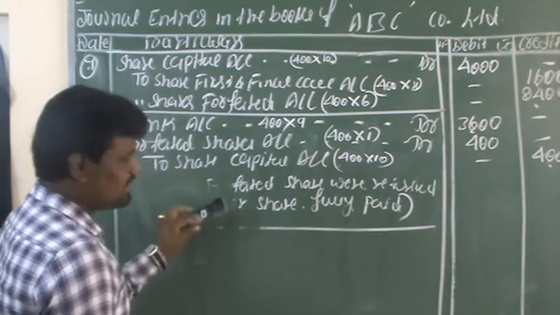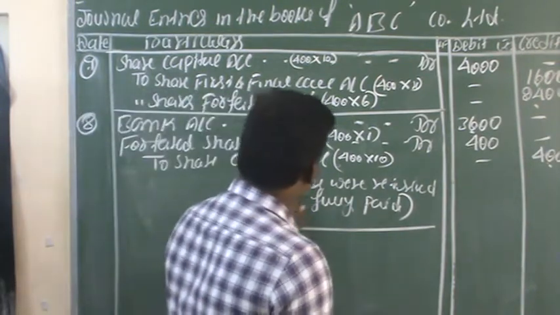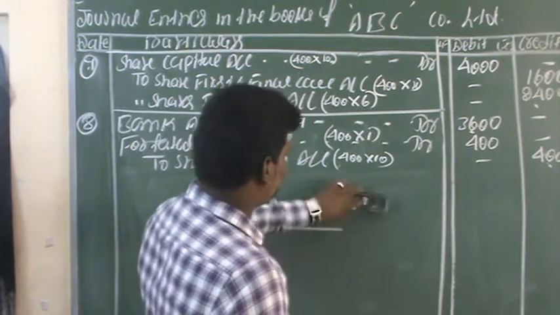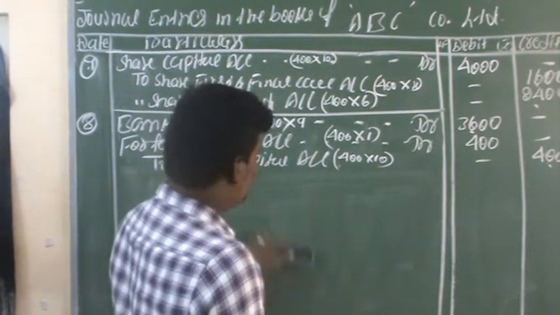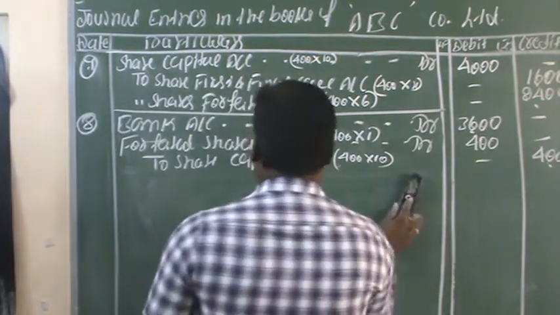After this reissue of forfeited shares, the next and last entry is the forfeited shares amount. Whatever the profit on forfeited shares amount, now we need to transfer it to the capital reserve account.